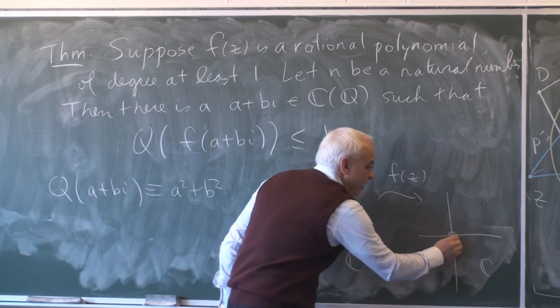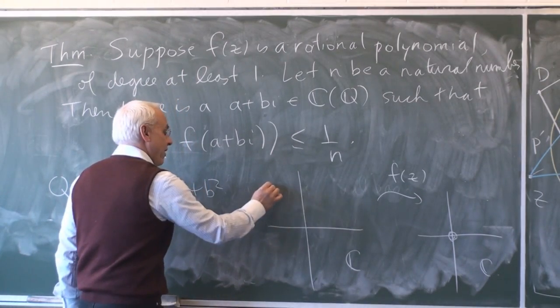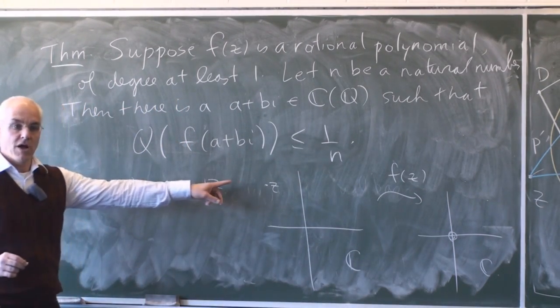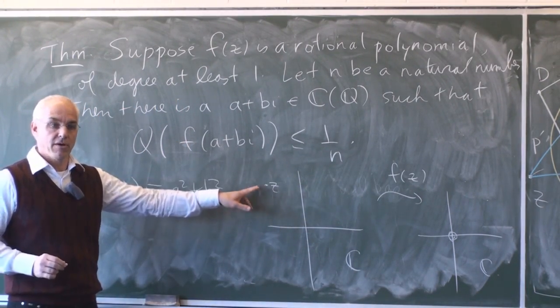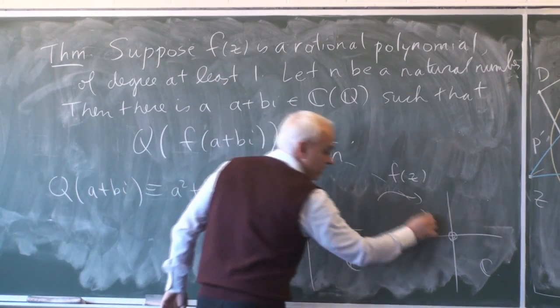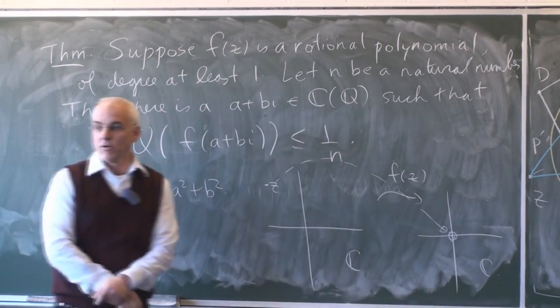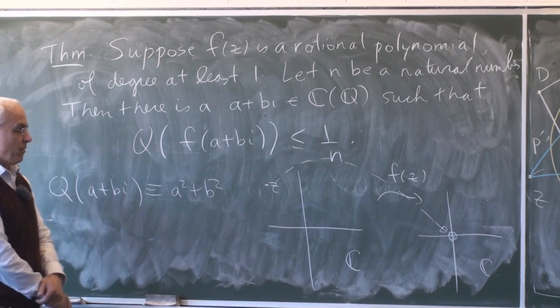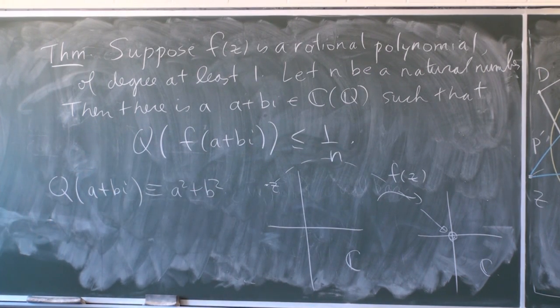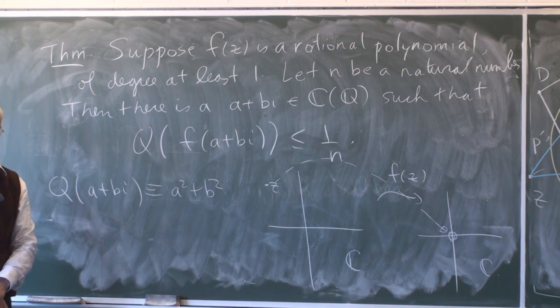And what I'm saying is that I can find a rational complex number out here somewhere in here, which is mapped close to 0 in the sense of within 1 over n in quadrants of 0. So that's the fundamental theorem of algebra as far as I'm concerned.